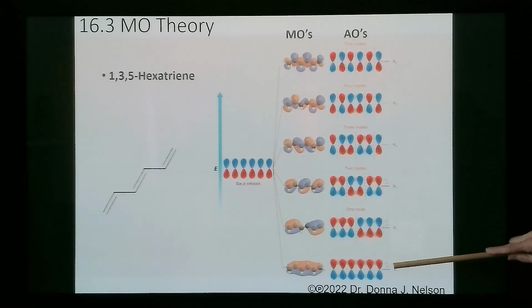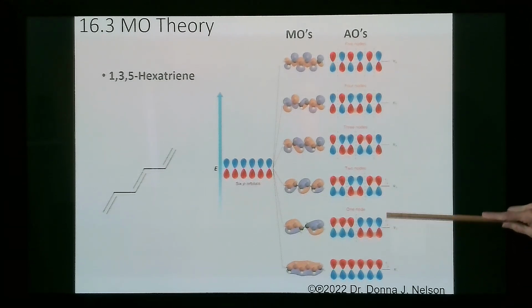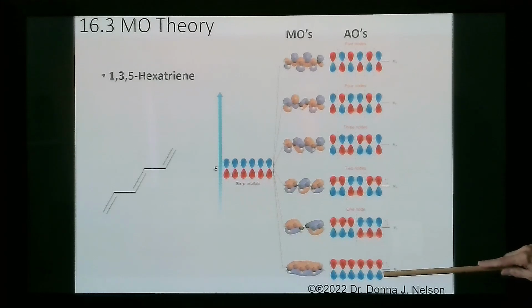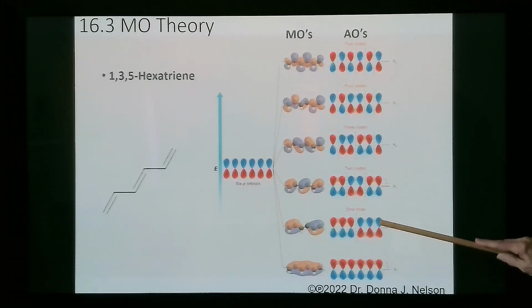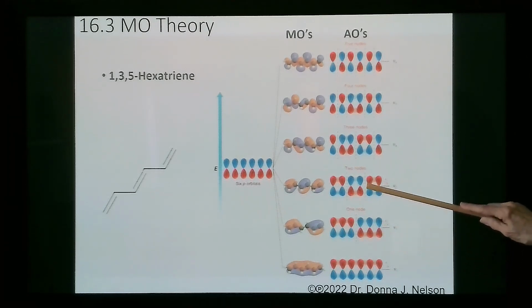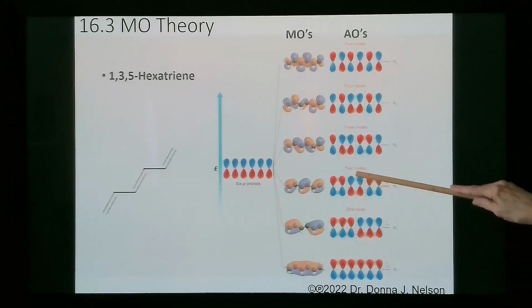And so you can see those 2 electrons over here, 2 electrons, 2 electrons, 2 electrons. The psi 1 has no nodes. Psi 2, which is next highest in energy, has 1 node. Psi 3, which is next highest in energy, has 2 nodes.